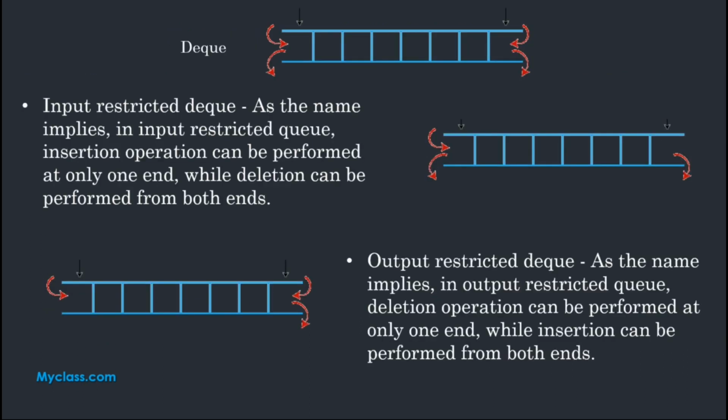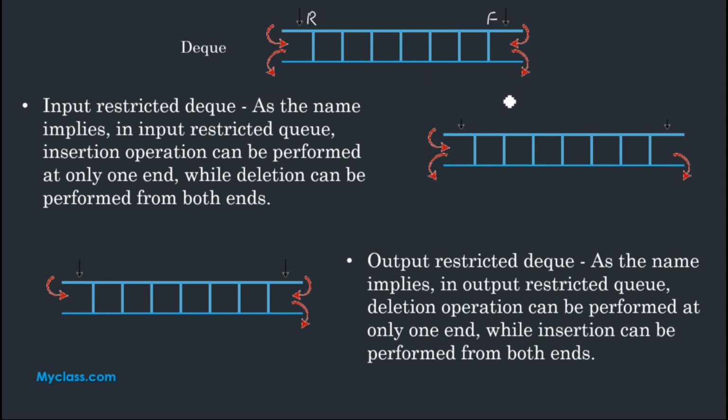So the concept of DQ is, let's assume that this is our rear side and this is our front side. We can insert from the rear side and also delete from the rear side. We can insert from the front side and also delete from the front side.